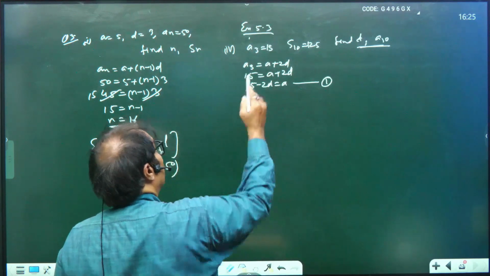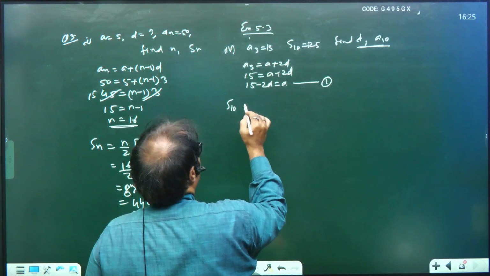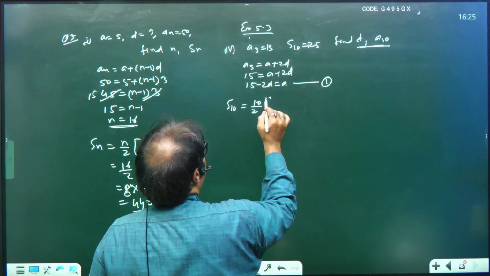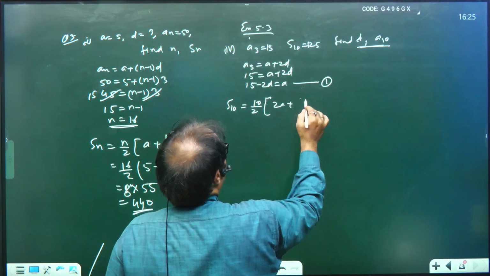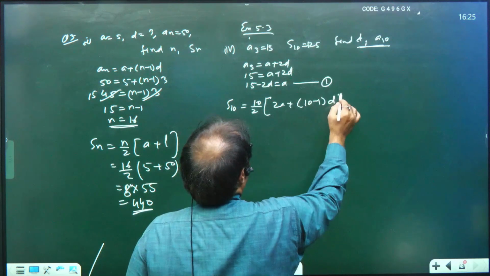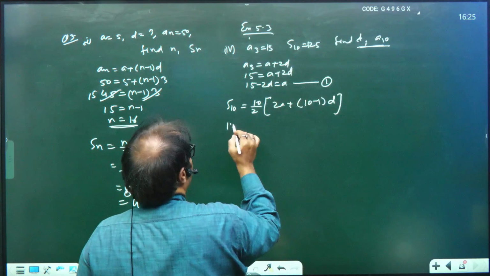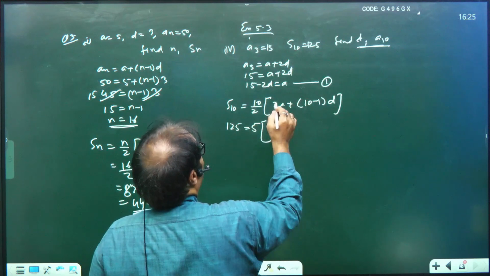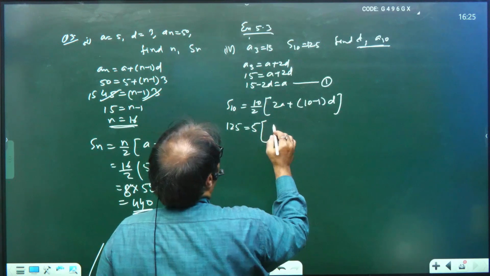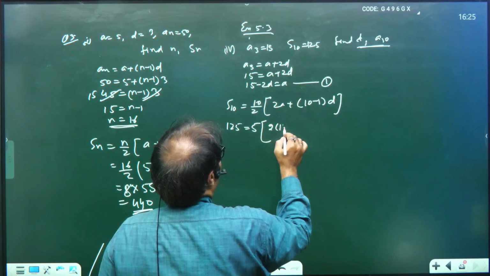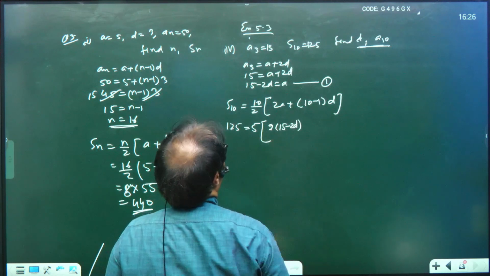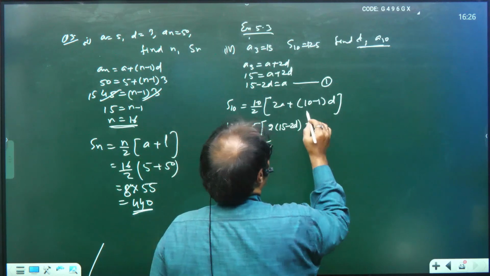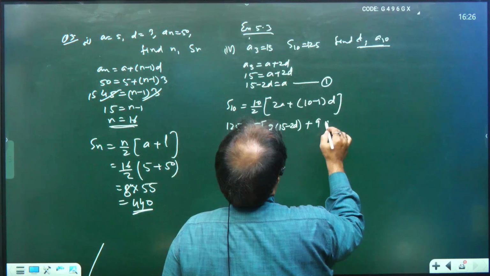And now apply the formula S10 is equal to 10 by 2 into 2a plus 10 minus 1 into d. Okay, S10 is 125. So after cancellation, 5, and put the value of a from here. So the value of 2 into 15 minus 2d, and this is equal to 10 minus 1, 9d.